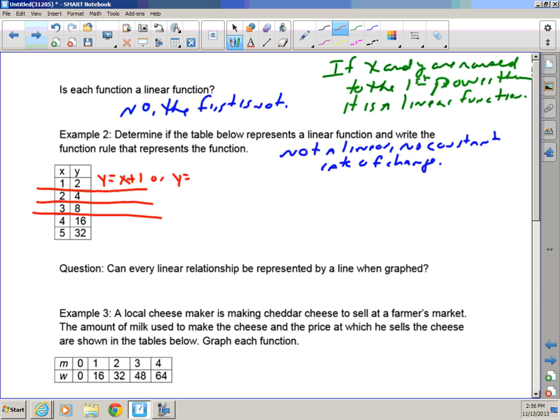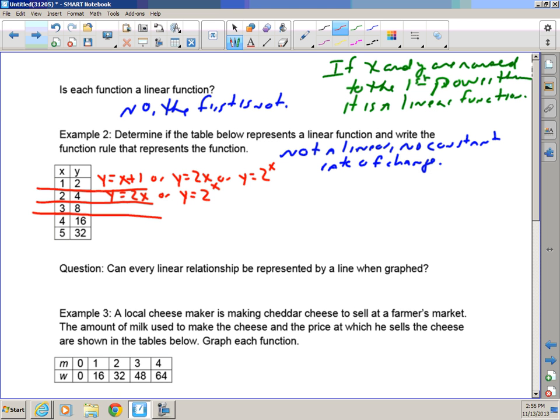Or y equals 2x. That works there. Or y equals 2 to the x power. So in all three of these equations, if I put 1 in for x, I'm going to get 2 for y. Now I go to the second one. The y equals x plus 1 doesn't work, but y equals 2x works, and y equals 2 to the x power works.